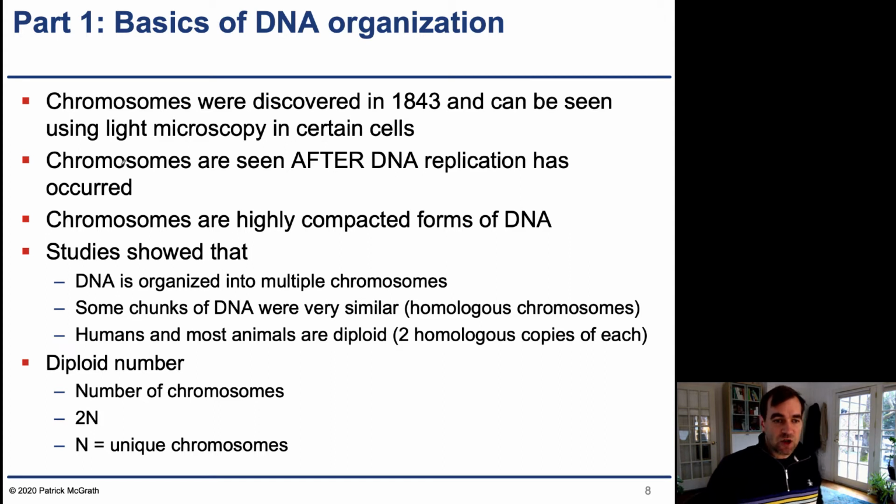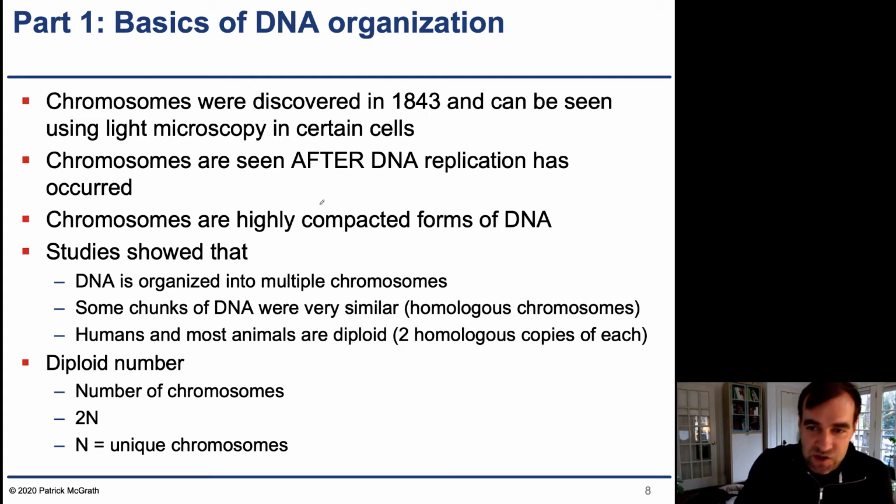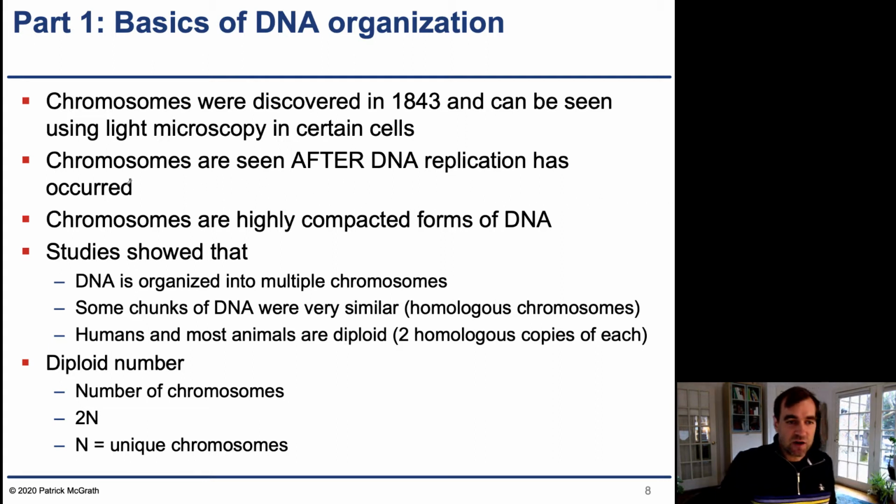Chromosomes are only seen at certain times in the cell cycle, and they're only seen after DNA replication has occurred. If you grab a normal skin cell and looked within that cell, you would not see these chromosomes, because most cells don't organize their DNA into these chromosome structures.